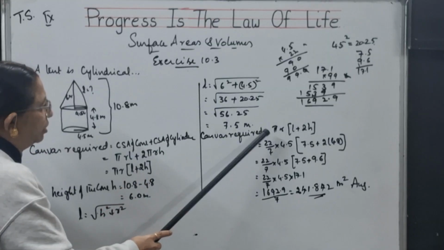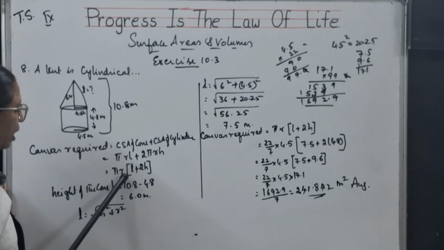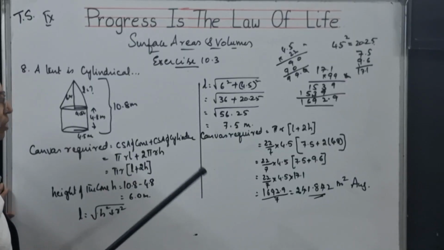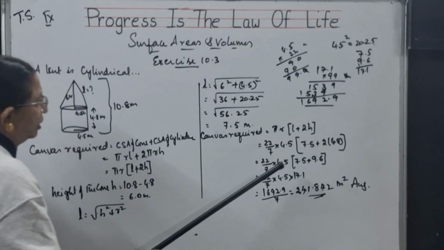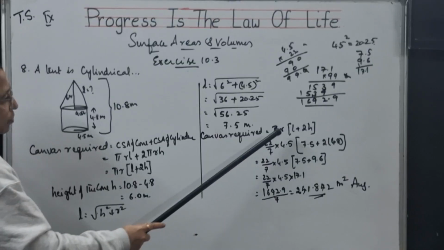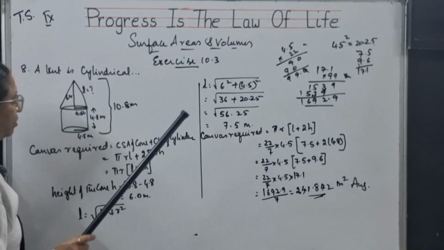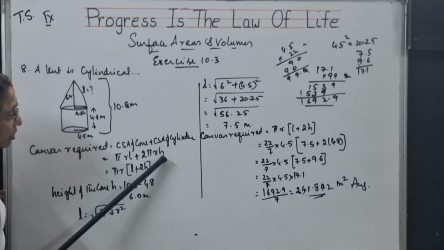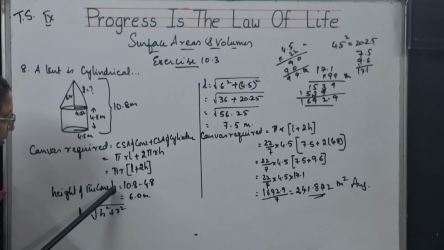So canvas required. L we have got, H we know. See, in this formula, R we know, L we have got, H also is given. So those values I have substituted. 22 by 7 into R is 4.5 into L I got 7.5 plus 2 into H. H is the height of the cylinder. This height is different; here what height we have got is the height of the cone.